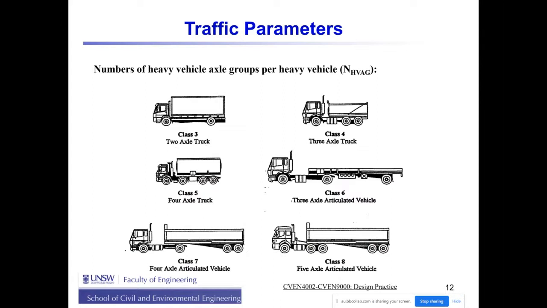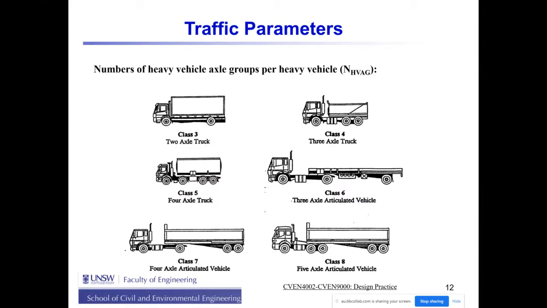All right, after defining different classes of vehicles, now we want to learn the first traffic parameter, and that's a very simple traffic parameter. It is the N parameter.